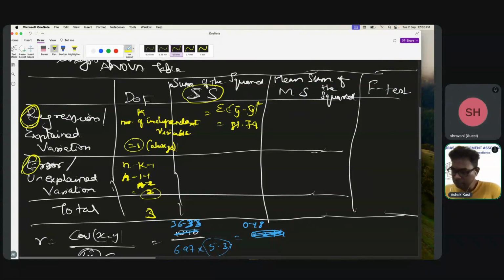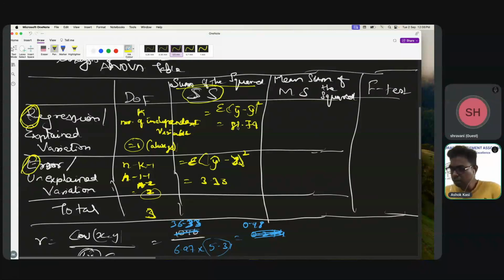Then error SSE. This is written as SSE, sum of the squared error. Now that is equal to what? Summation of y hat minus y the whole square. Correct? How much is that? 3.33, right? Yeah.